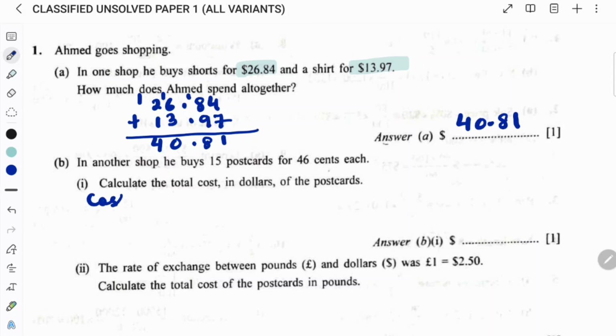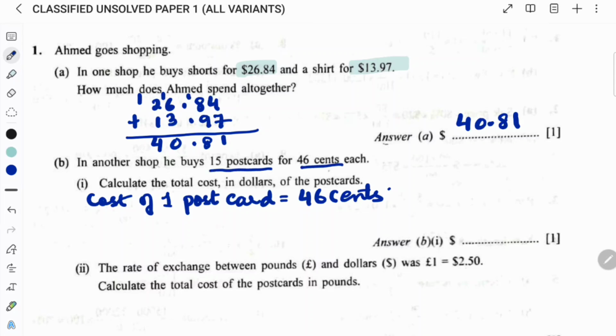So the cost of one postcard is equal to 46 cents, and 15 postcards are required, and each postcard is 46 cents. So we are going to multiply by 15 to get the answer, and then afterwards we'll divide by 100 to get the answer in dollars. So the cost of 15 postcards will be equal to 46 times 15.